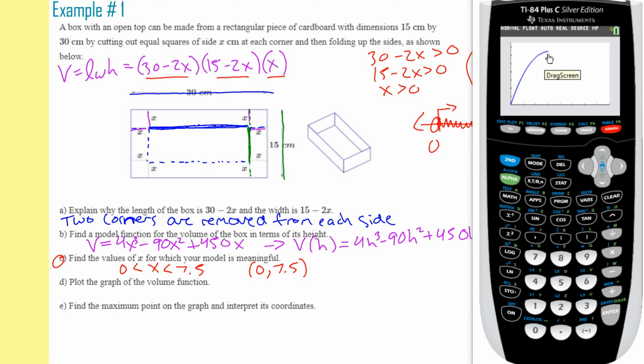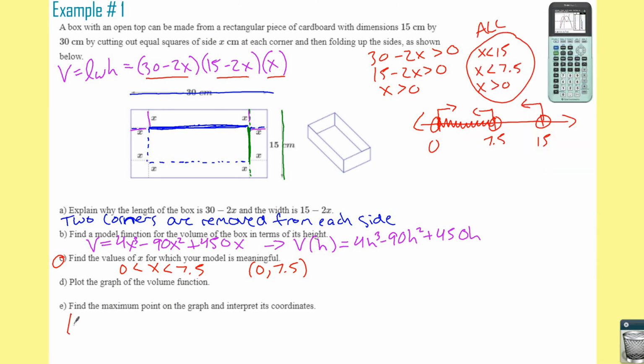Am I high enough? Yes. There you go. Okay, so that's your graph. Then I would find your intercepts, and then your maximum. If you plot the maximum, you should get that the maximum point is 3.17, 650.